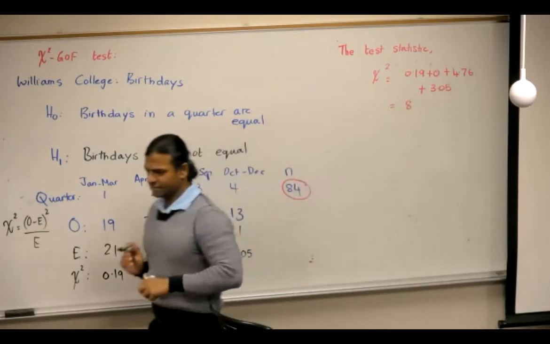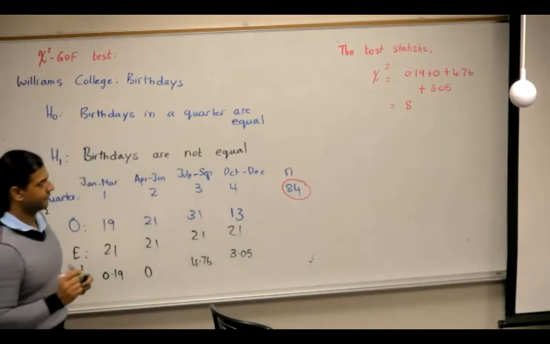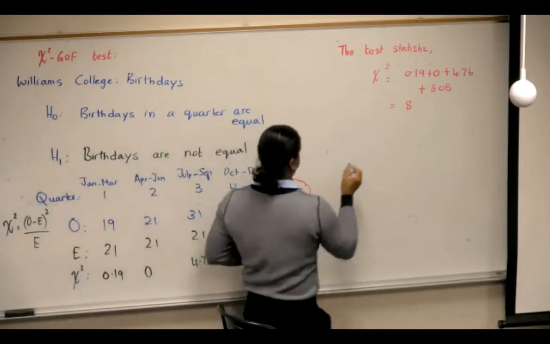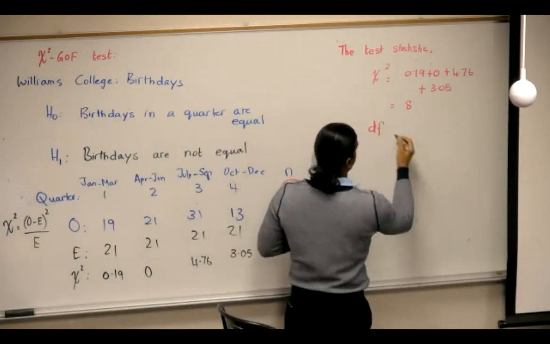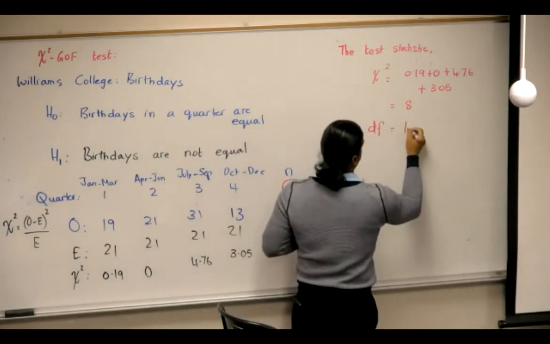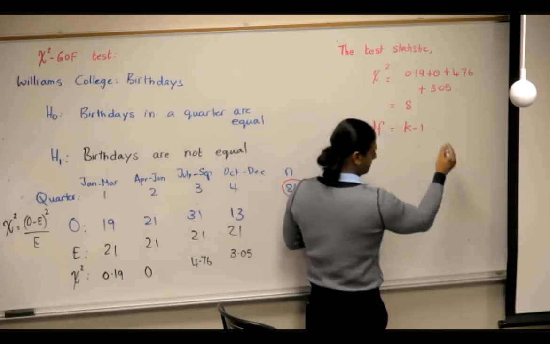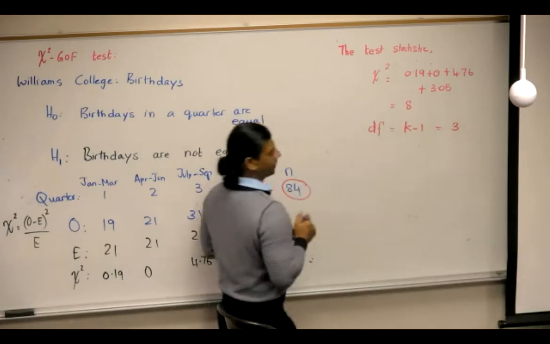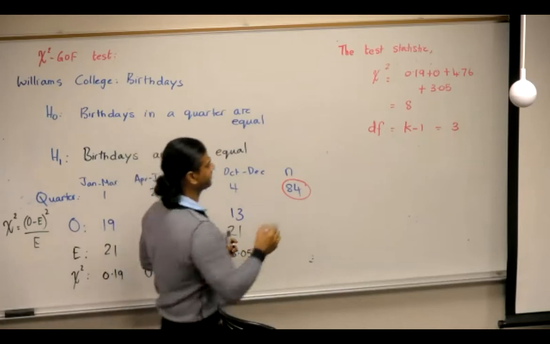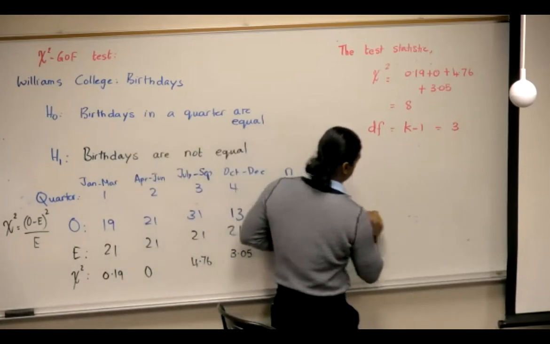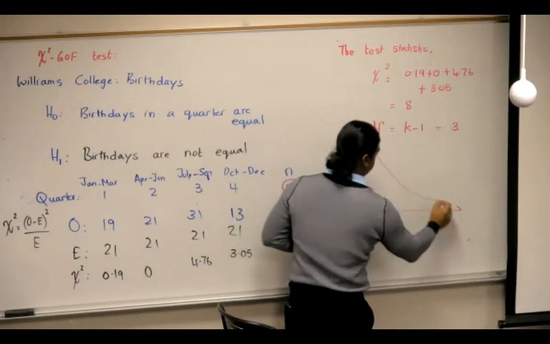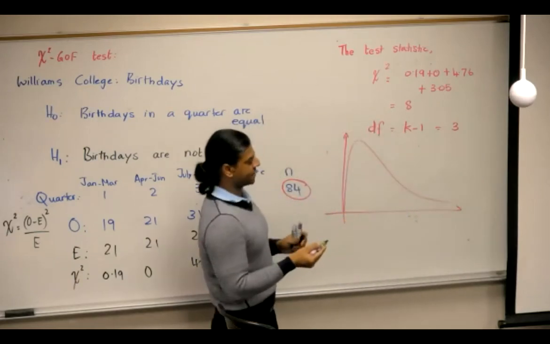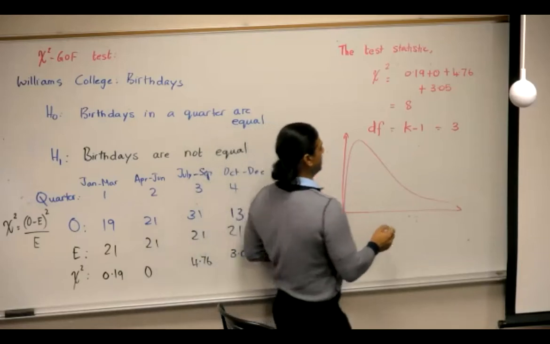Now, what is the degrees of freedom? We have 4 cases for 4 quarters. So K is 4, so 4 minus 1 is 3. We can use the chart to find the critical value.